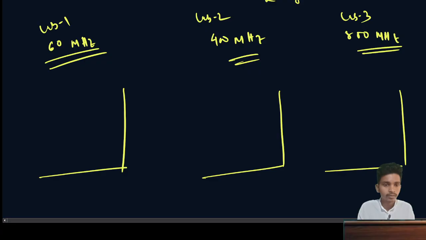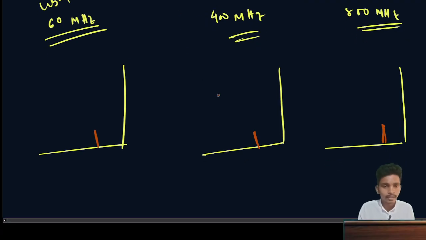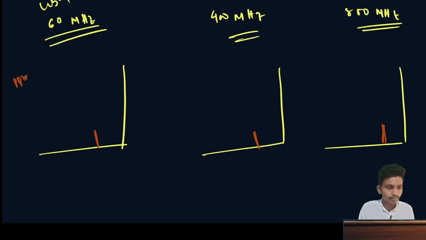Now let's say we are using a standard reference, that is TMS. Now ppm is hertz upon megahertz. So here we are using 60, here 400, here 1800 megahertz.